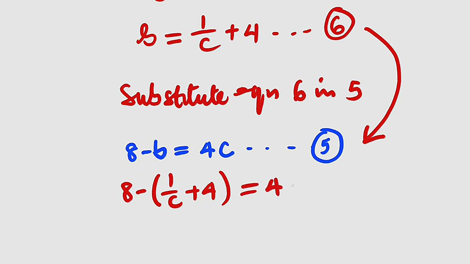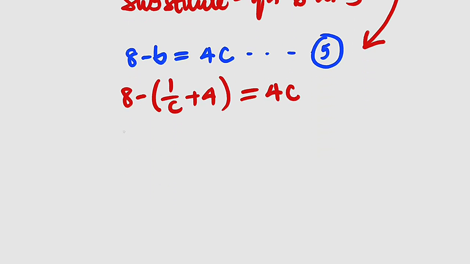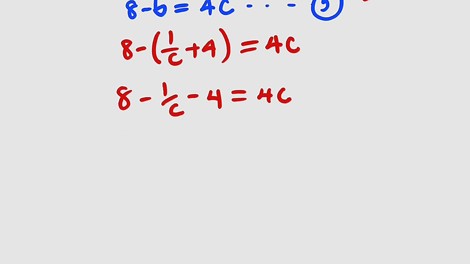And this is equal to 4c. Expand. This is 8 minus 1 divided by c minus 4 equal to 4c. You can see that 8 minus 4 is equal to 4. So this is 4 minus 1 over c equal to 4c.